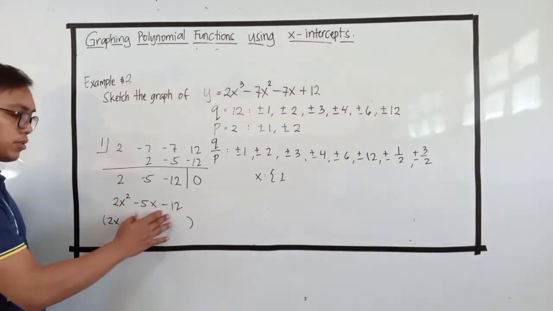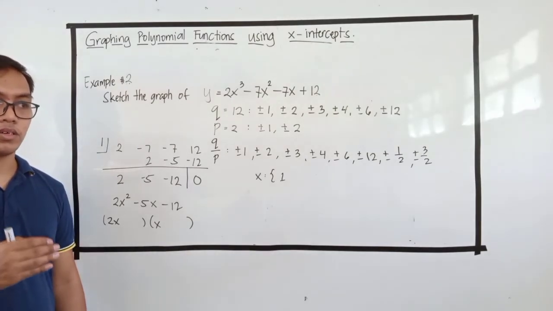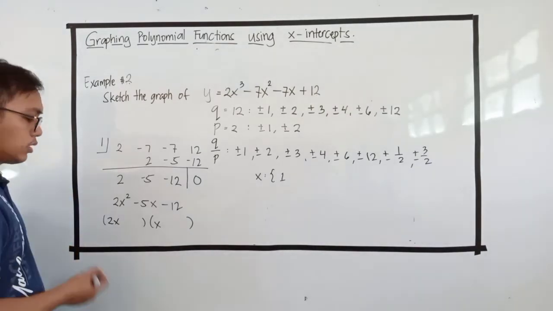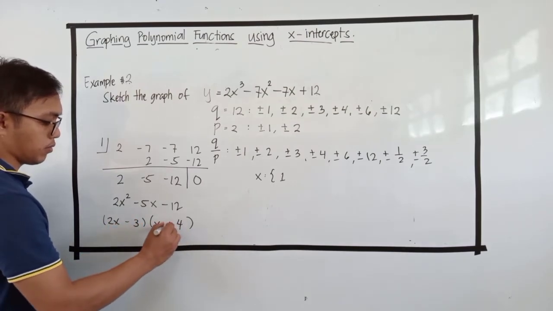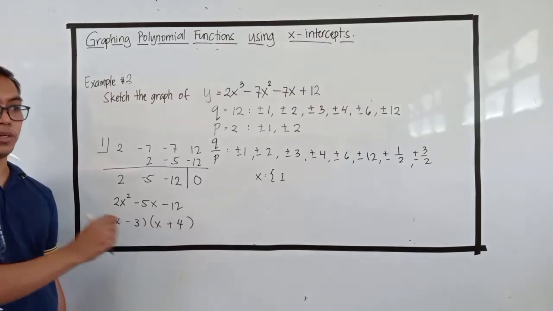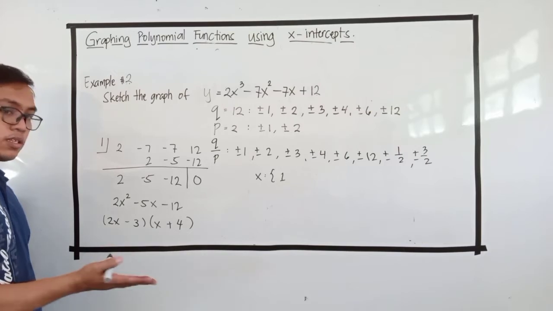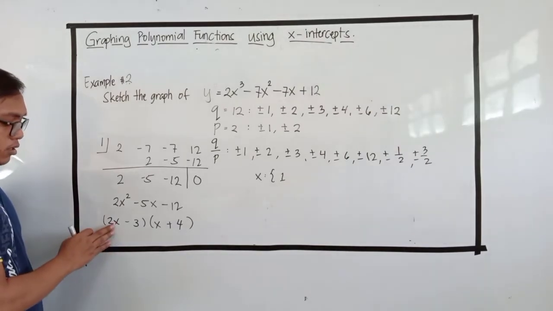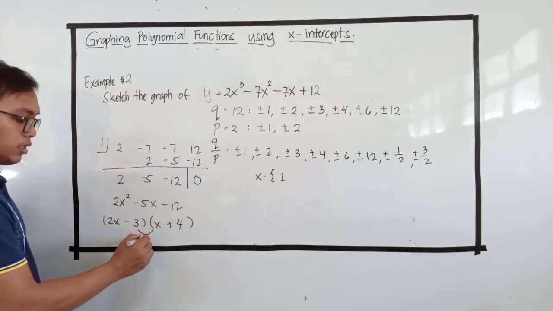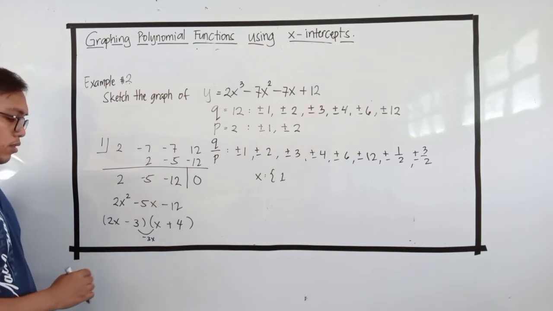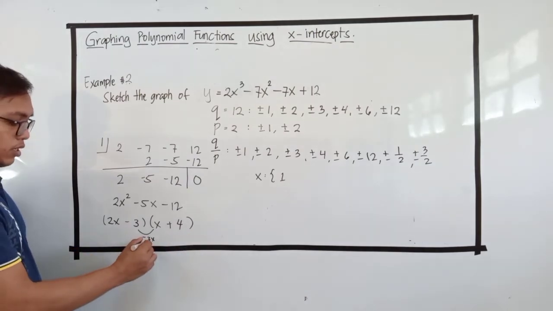The factors of 12 are 3 and 4, also 1 and 6. So let's try 3 and 4. I have negative 3 and positive 4 because -3 times positive 4 is -12. Let's see if we get the correct factors. -3 times x here is negative 3x. 2x times 4 is 8x.